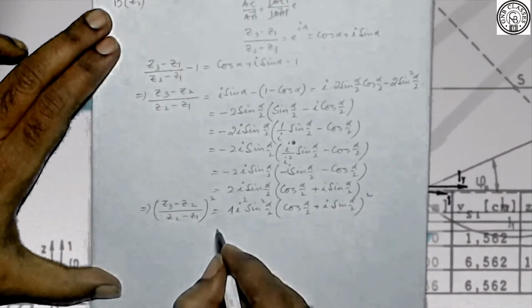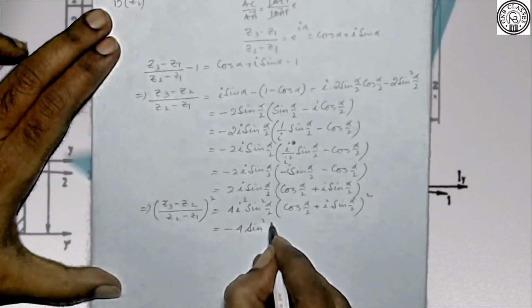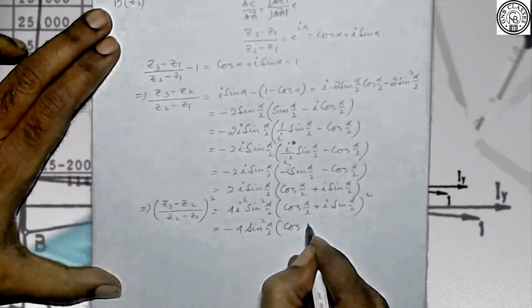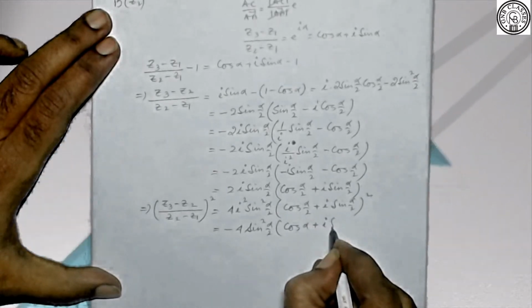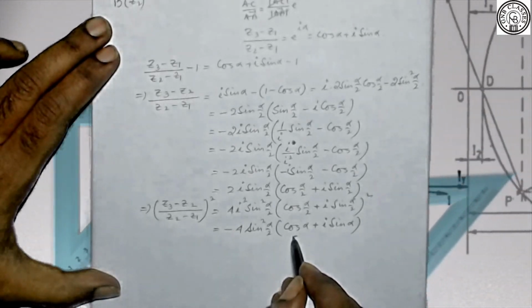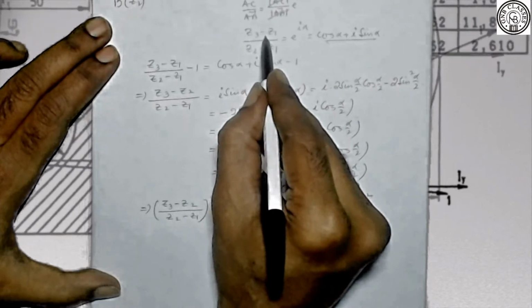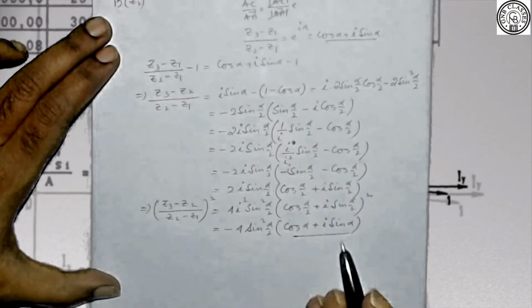Now from De Moivre's theorem we can write iota square is minus 1. So this is cos alpha plus iota sin alpha, right? We have applied De Moivre's theorem here. Now cos alpha plus iota sin alpha can be replaced by (Z3 minus Z1) by (Z2 minus Z1).